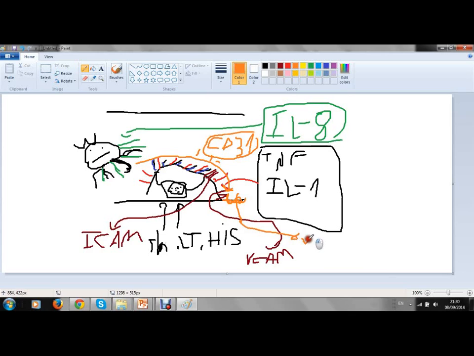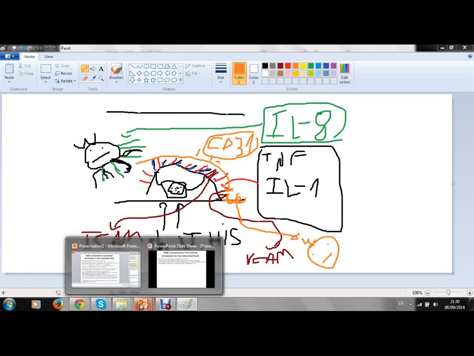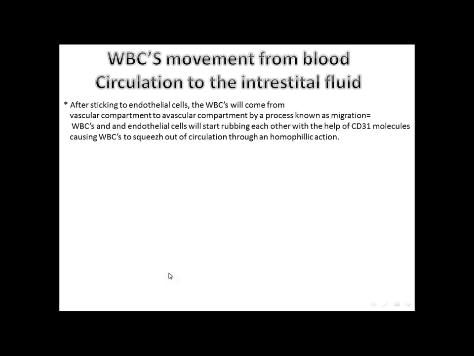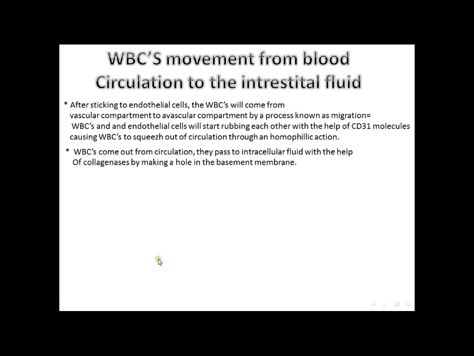Okay, so this white blood cell has come right over here, and after coming from a vascular compartment to an avascular compartment or interstitium through the process of migration, through homophilic action, the white blood cell that came out of circulation will pass through interstitial fluid.